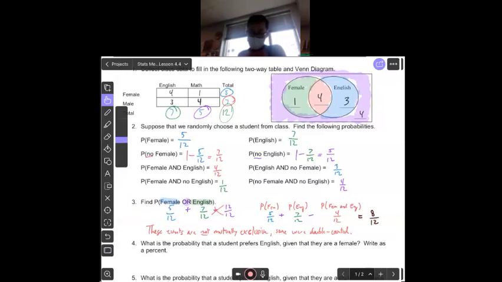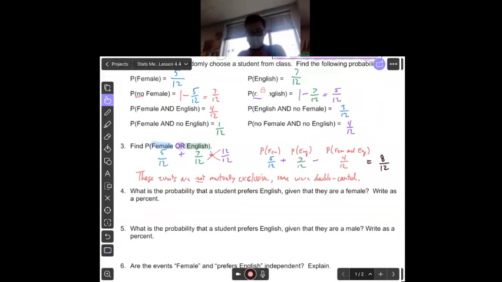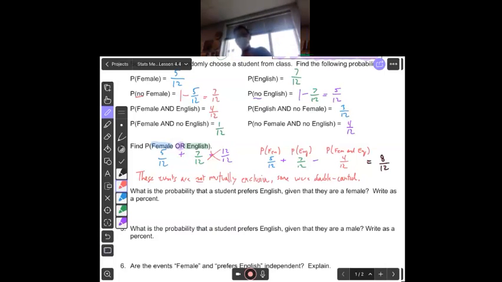So watching out for that idea of events being mutually exclusive or not. Again, if the events are mutually exclusive, they cannot happen at the same time. If I'm rolling a die, I can't roll a 3 and an even number at the same time.